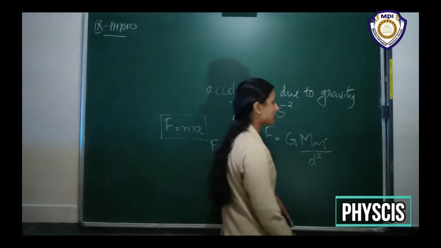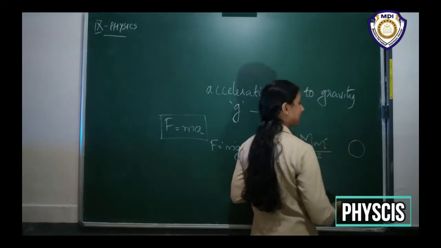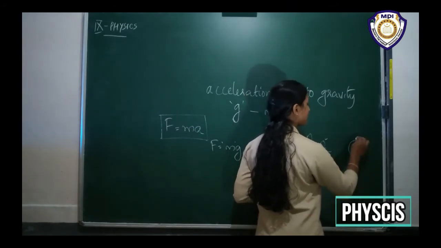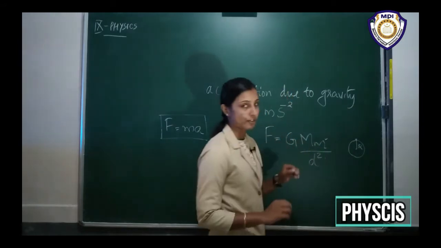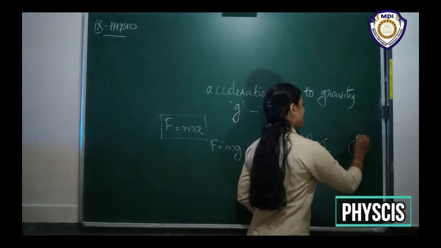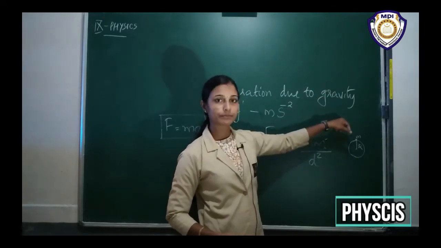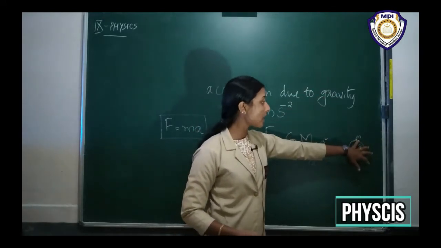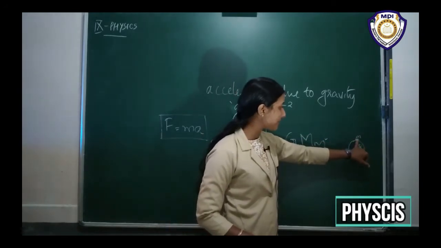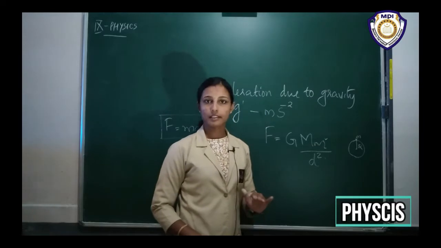This is our Earth, and the distance to the Earth's center is the radius of Earth, right? Suppose the stone is falling towards the Earth and it reaches on or near the surface of Earth. So we can say that the distance between this object and the Earth's center is almost equal to the radius of Earth, right?